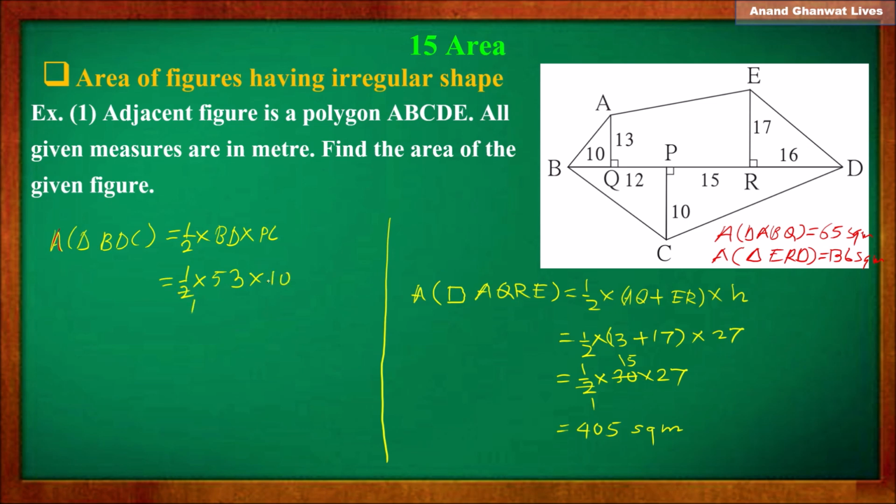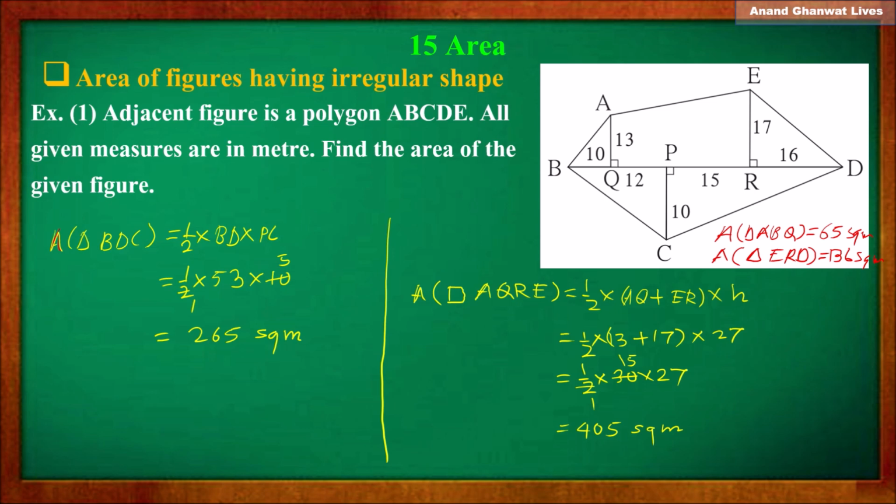So 2 1s are 2 and 2 5s are 10, 53 into 5, 265 square meter. So we have now found the area of triangle BDC, triangle ABQ, triangle ERD, and trapezium AQRE.